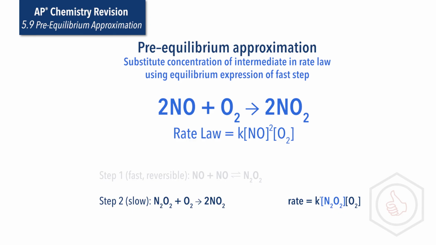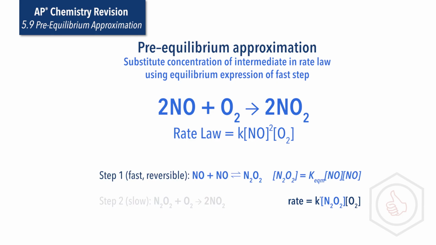However, the concentration of the intermediate, N2O2, is going to be based on the equilibrium between the NO reactants at the start. This becomes a bit clearer when we look at equilibrium in chapter 7, but what this really means is that rather than have the concentration of the intermediate in the rate law, what we can do is substitute in the concentration of that from the equilibrium expression for the fast step.